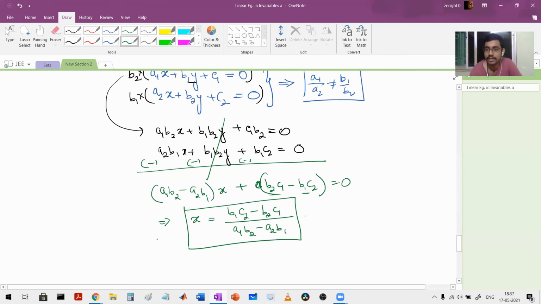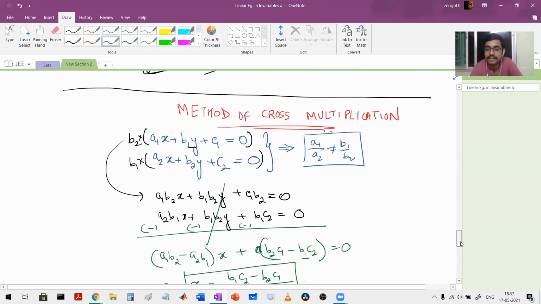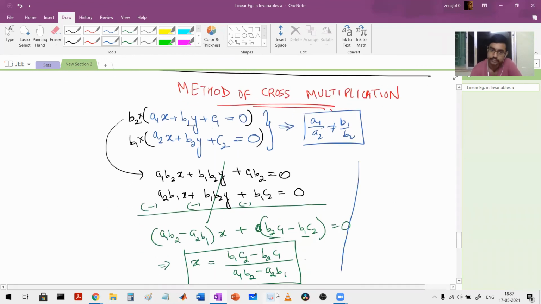Game is not over yet. Observe the game. The next part of the game is to find the value of y. Now how do I find the value of y? To find the value of y, I must eliminate x. Isn't it so? In the same way, if I want to eliminate x, I will multiply the first equation by a2 and the second equation by a1, and then subtract.